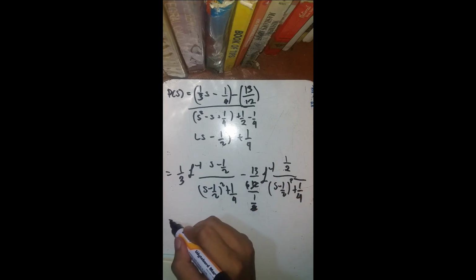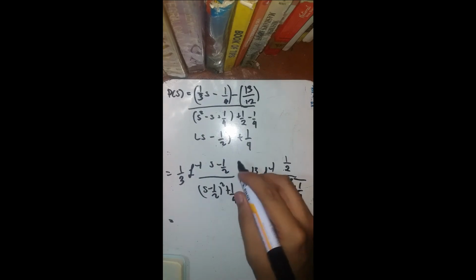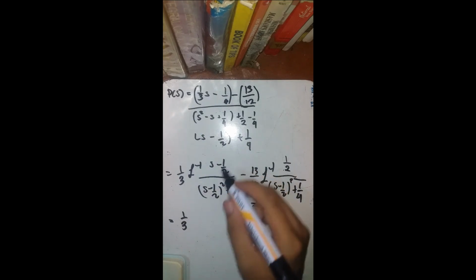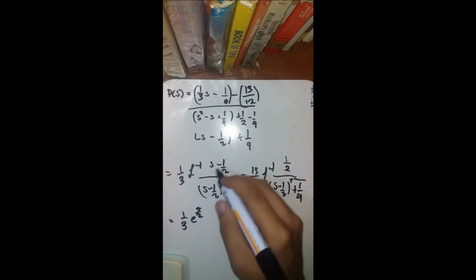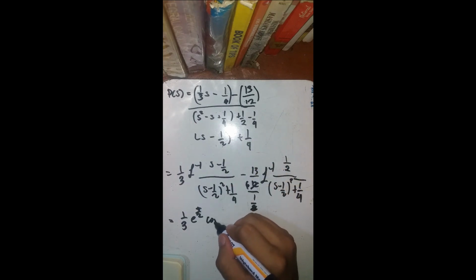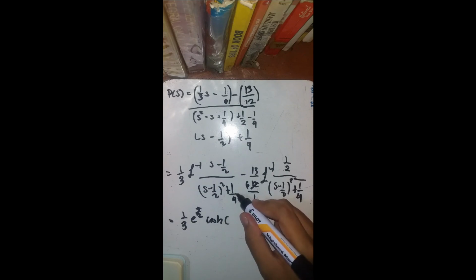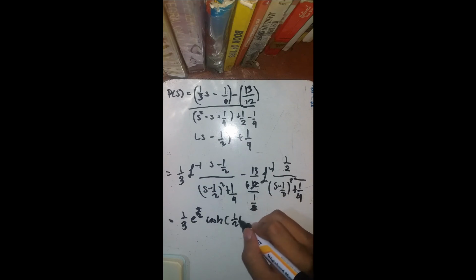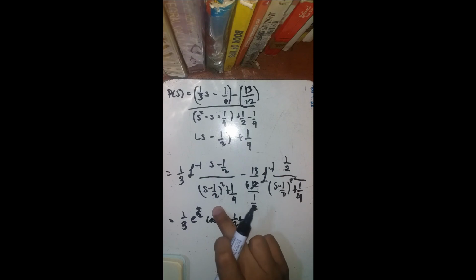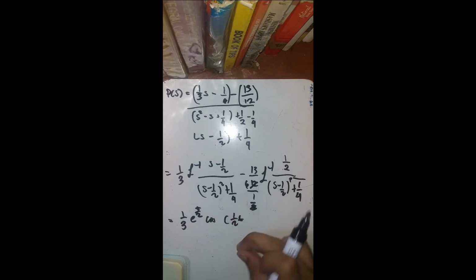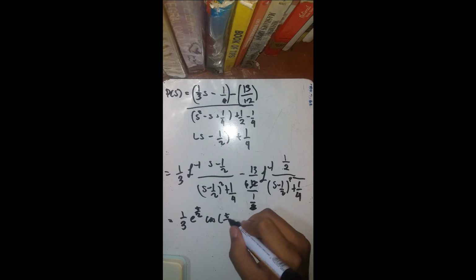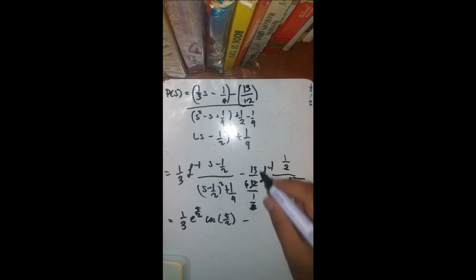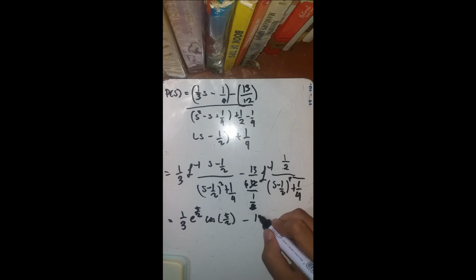So the final answer here is 1/3 times the shifting e raised to t over 2, cos h of t over 2, minus 13 over 6.